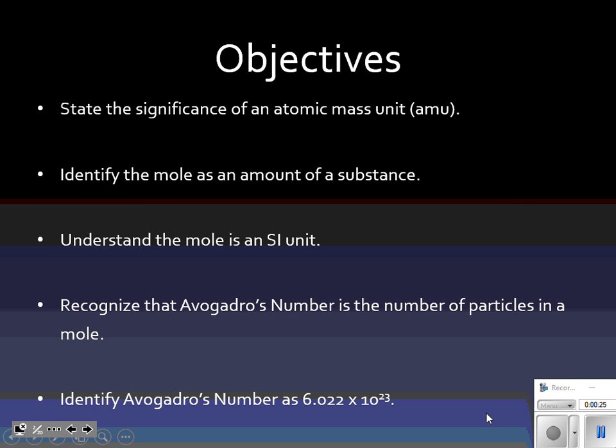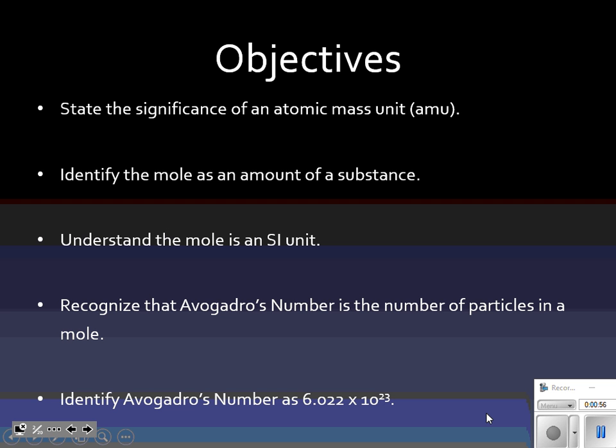What are our objectives? First of all, we should be able to state the significance of an atomic mass unit, and the abbreviation of the atomic mass unit we'll talk about here in a little bit is an AMU. We identify the mole as the amount of a substance and understand that the mole is an SI unit.